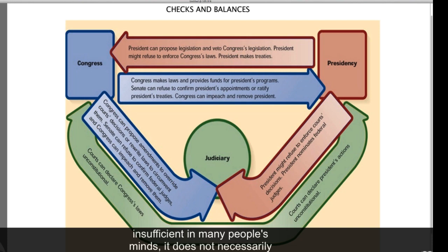It does not necessarily play out in a manner that best suits society. Rather, it's a political battle between the parties of whether or not they're going to accept the president's nominee and so forth.